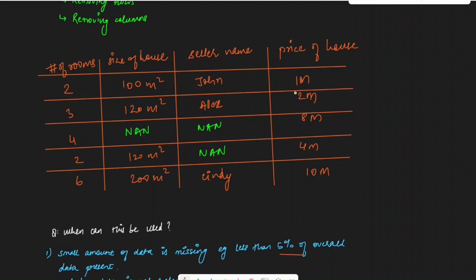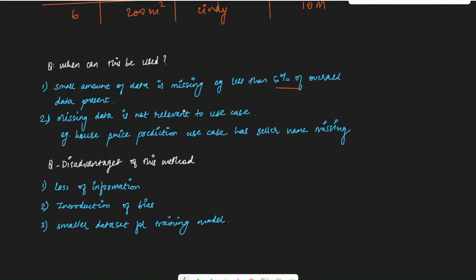The price of the house does not depend on who is selling the house, so this is not a relevant column. If we have missing values in this column, it should be okay for us to remove this entire column altogether. So the only two scenarios are when we have a small amount of data missing, which is less than 5% of the data, and when the missing data is not relevant to the use case that we are solving.